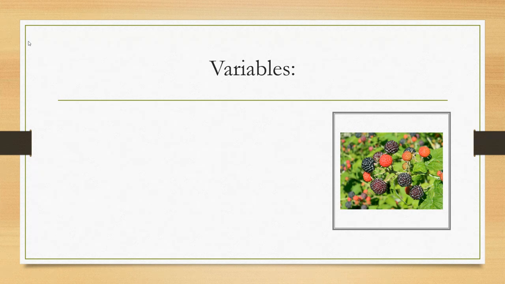For example, we wouldn't want to put 1 raspberry bush in the shade and 1 in the sun, because we don't know then if one produced more raspberries because it was in the sun, or because we gave it more water, right? So we need to keep everything the same. So what are some variables that could affect the amount of raspberries our raspberry bush produces?